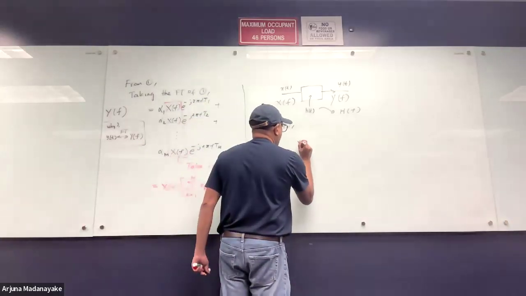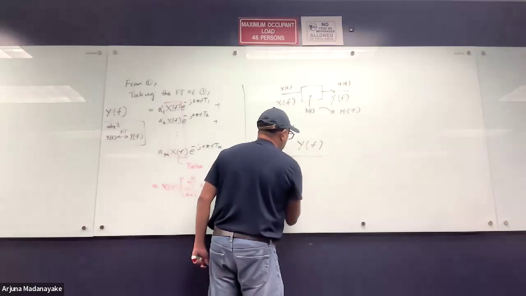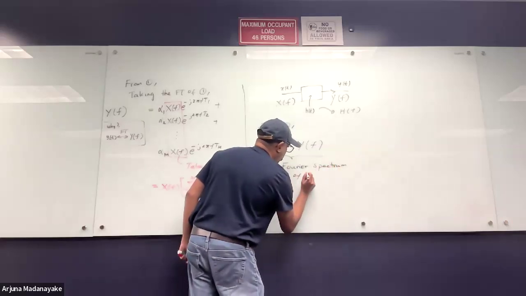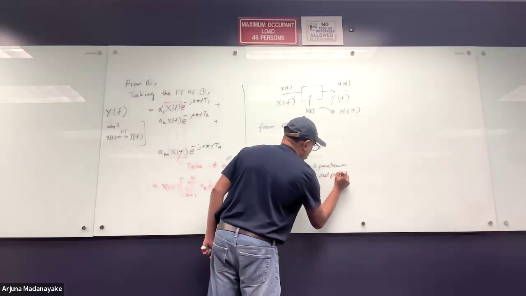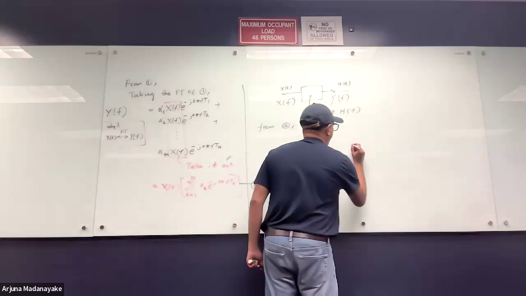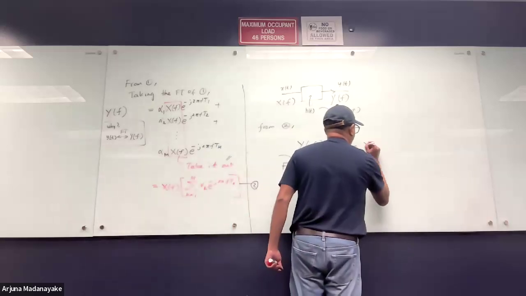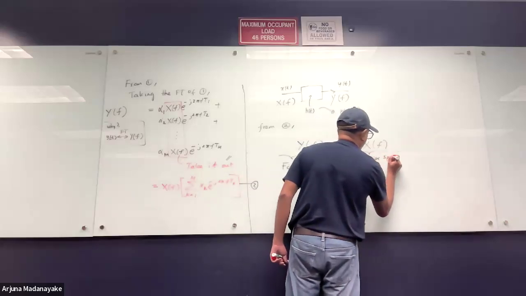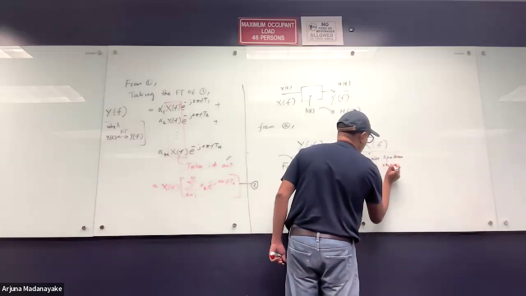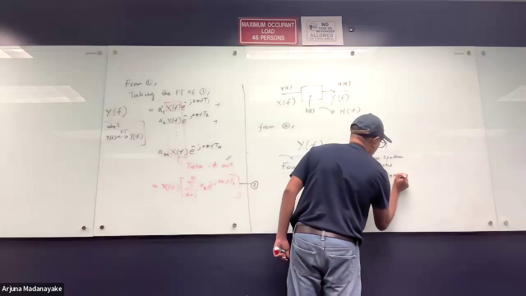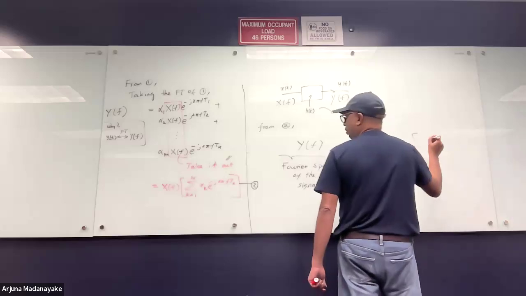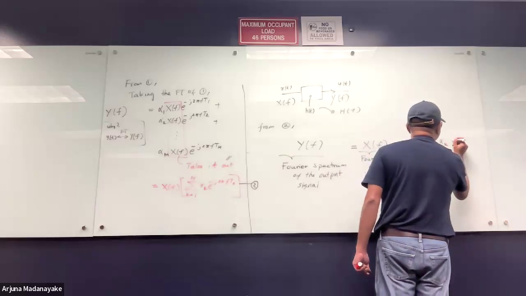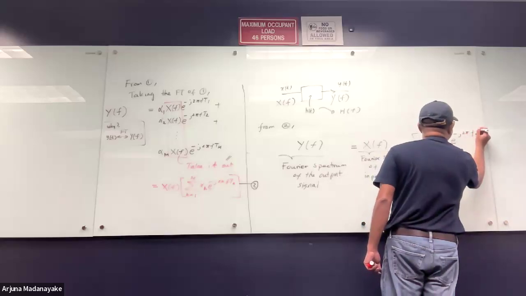So we have the Fourier spectrum of the output signal is equal to capital X of f, the Fourier spectrum of the input signal, times this thing, sigma k equals 1 to m alpha k e to the minus j 2 pi f t k.